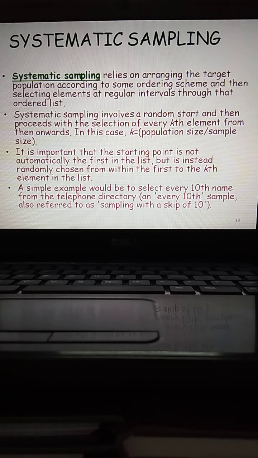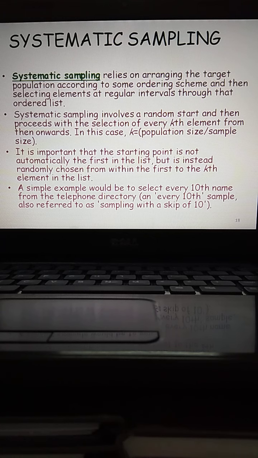In this case, k is nothing but population size by sample size. So here the k is known as a random start. Very, very important value. Entire generation of the sample through systematic sampling depends upon identification of the k. So what is the formula? Population size by sample size.